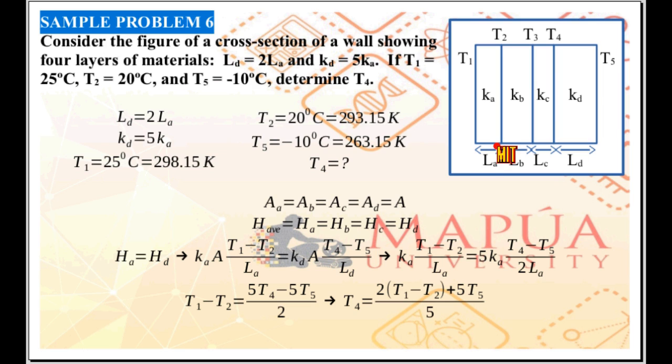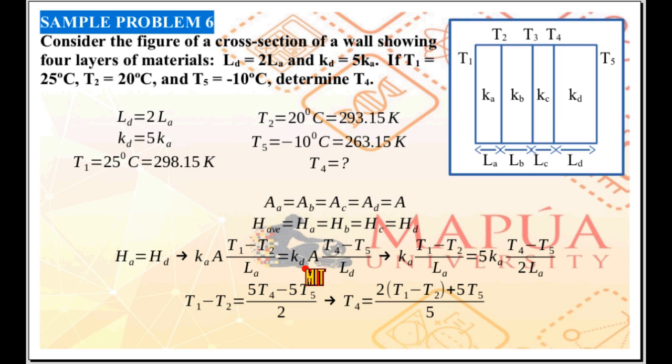Thickness LA, thermal conductivity Ka, cross-section area A, and TH is T1, TC is T2. Doing the same thing for HD, we have KdA(T4 minus T5) over LD.